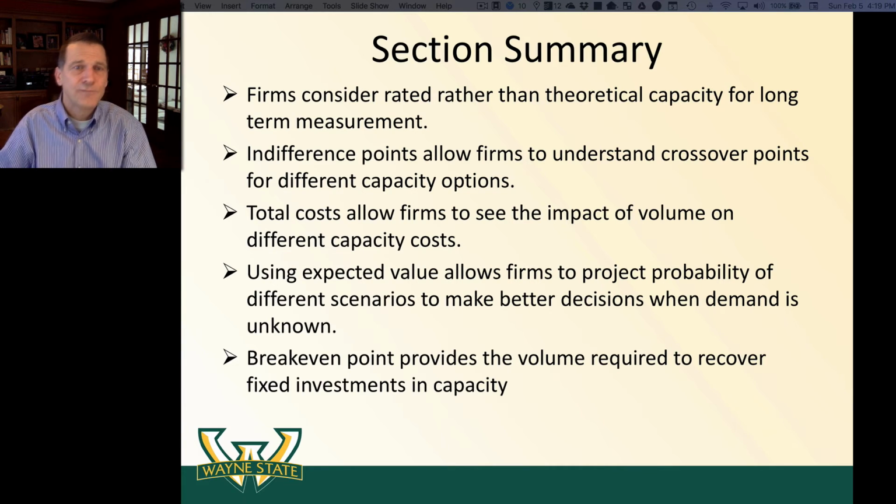Total costs allow firms to see the impact of volume on different capacity costs. So we can look at like the cost per copy on a copy machine, or the total cost for the machine on different volumes. But we can also model different options and use it with expected value and say, well, the likelihood of scenario A, and the likelihood of scenario B and scenario C and scenario D are these.